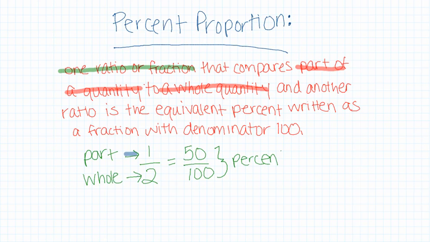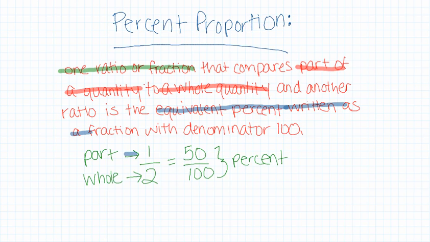And these two things are proportional. 1/2 is proportional to 50 over 100. 50 is 1/2 of 100. So that takes care of the equivalent percent written as a fraction.